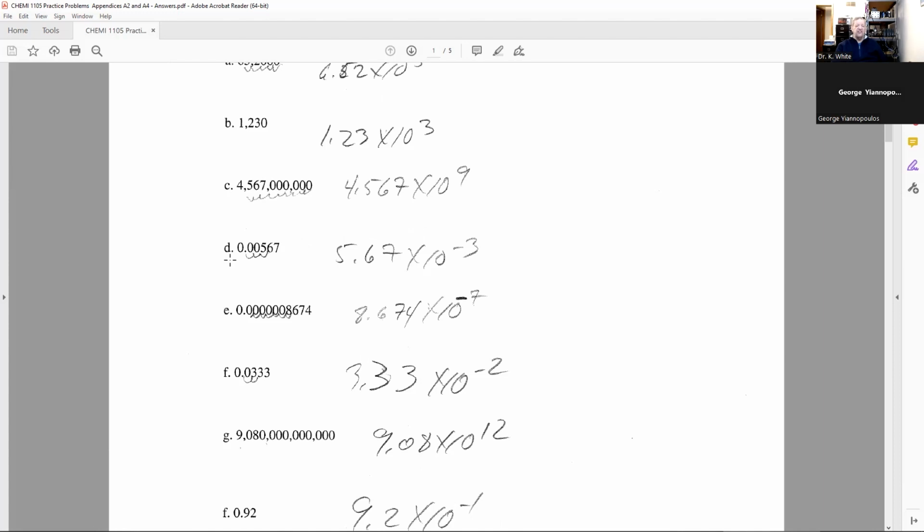Now, if the number is less than 1, n is negative. Also, any zeros after a decimal point are not dropped. In this case, D, 0.00567, move it once, twice, 3 times, I get 5.67 times 10, because it's less than 1, to the minus 3.